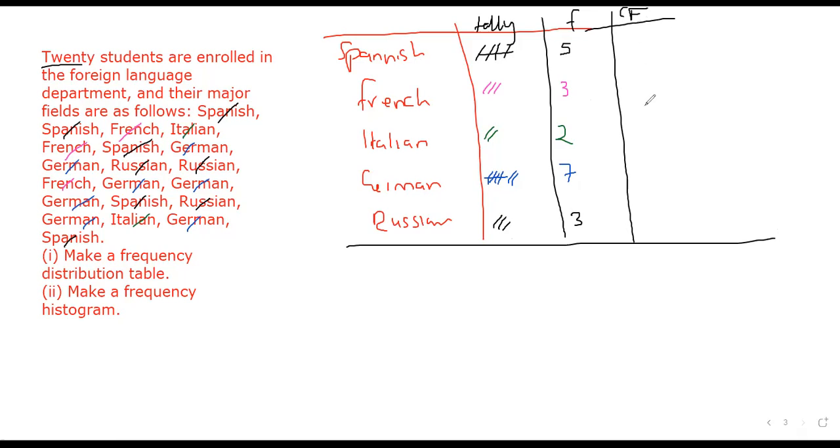It should also be 20 as the last number here if you've counted very well. So we bring here 5 plus 3, 8 plus 2, 10. 10 plus 7, 17 plus 3, 20. So this is our 20. It should tally here. This 20 must be good, that 20 there. Are we together?